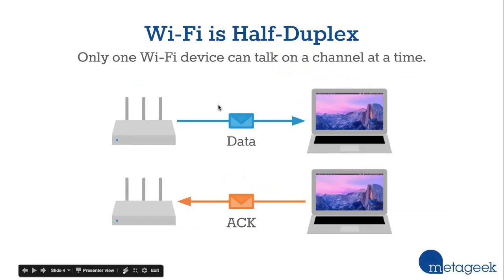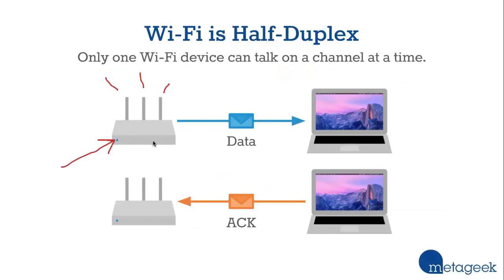So what does a wireless conversation typically look like? We'll delve into this a lot deeper later in the packet analysis webinar, but what we have to think about is how devices send data and how they acknowledge that data. Let's say that we have an access point that needs to transmit some data to another device on the same channel. The first thing that's going to happen is that access point is going to listen to that channel to see if anybody else is talking.